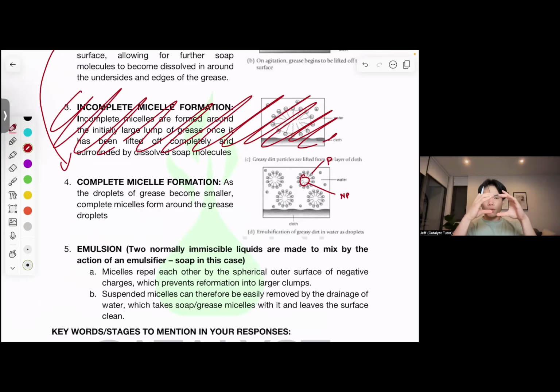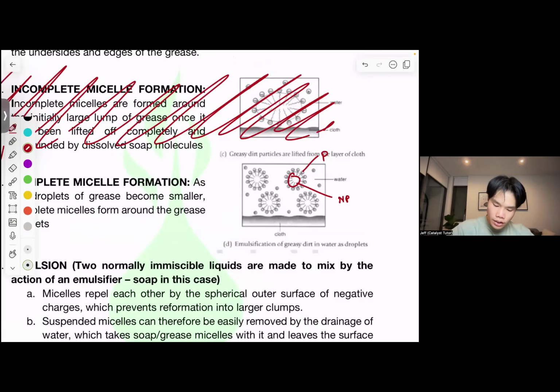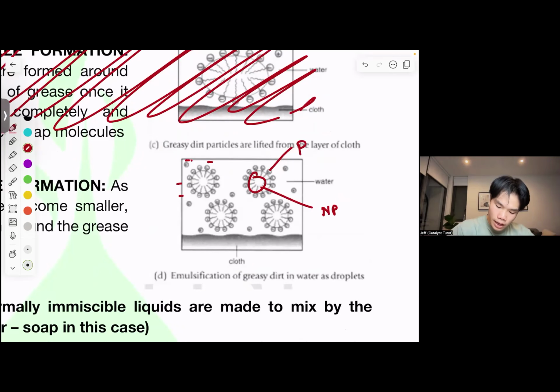Finally, once you form this emulsion, the micelles all have negative charges because the carboxylate heads are all negatively charged. How will the micelles interact with each other? If a micelle comes close to the other, how will it interact?